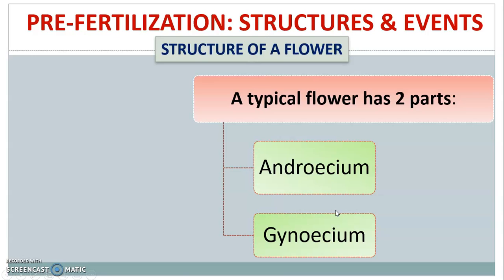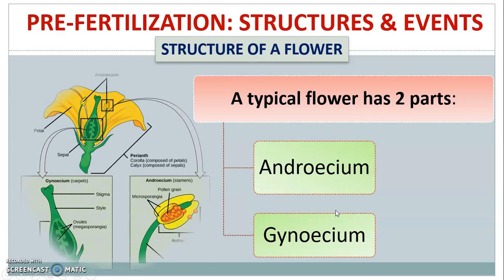So typically, if we talk about the structure of a flower, a flower has two parts, right? These two parts are basically involved in sexual reproduction. These two parts are the androecium and gynoecium, right?